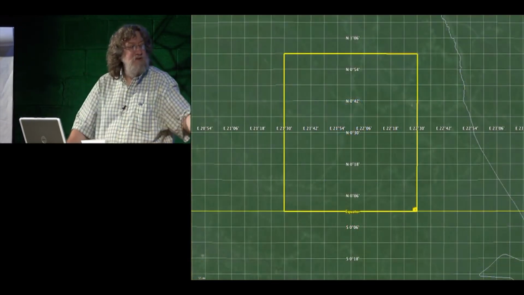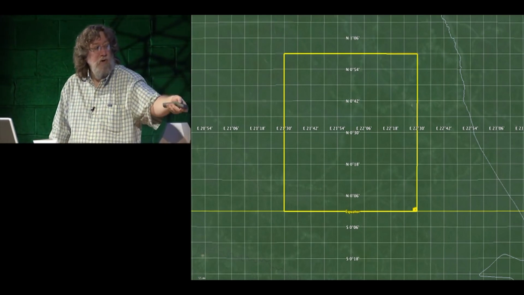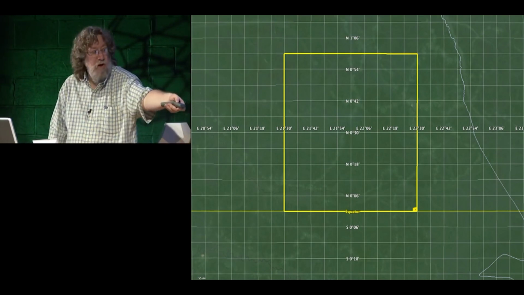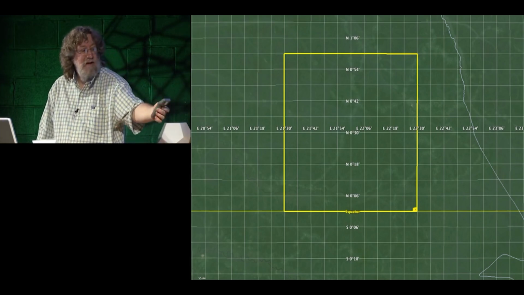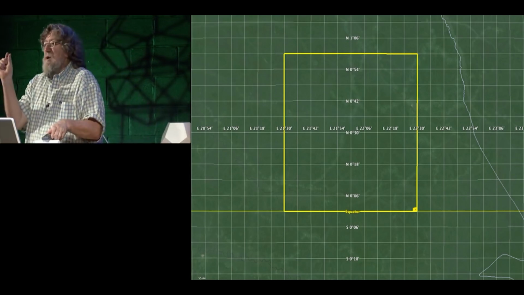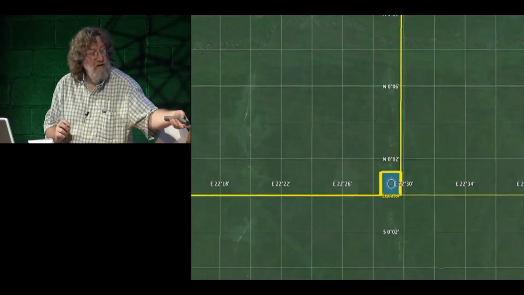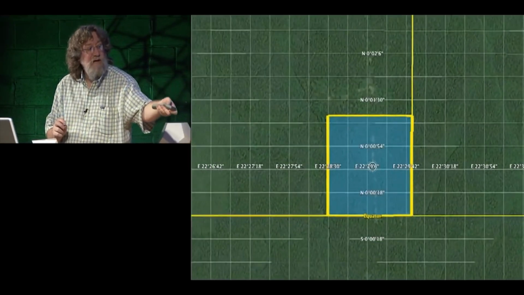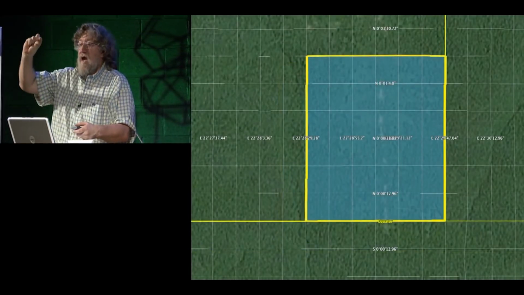If we take this square degree of latitude north to south, longitude east to west, and we look very carefully down in the lower right-hand corner, you're going to see a little square. You see that little square? That represents 1 minute, 1/60th of the degree this way, 1/60th of the degree this way. So that's 1 minute of latitude and longitude.